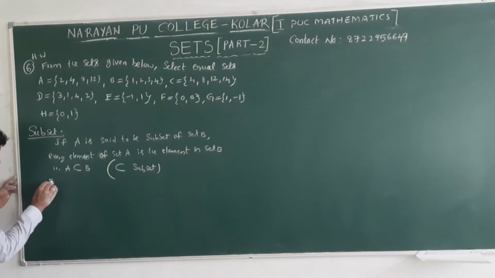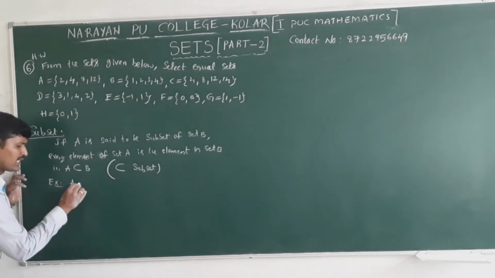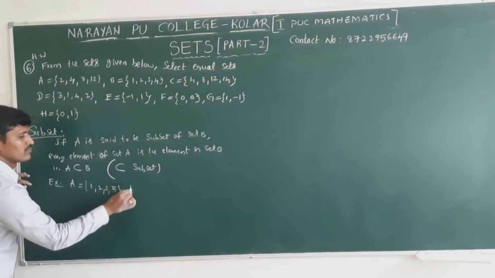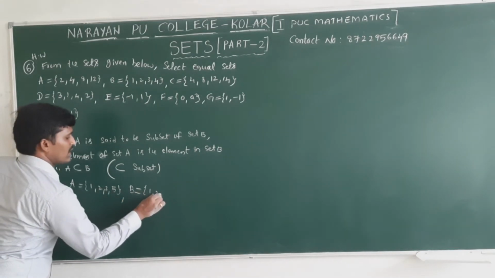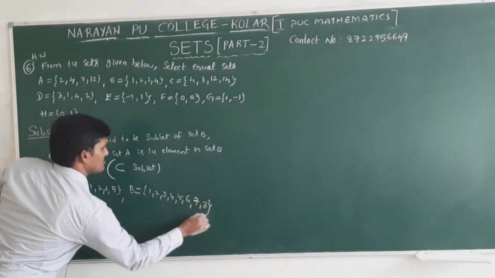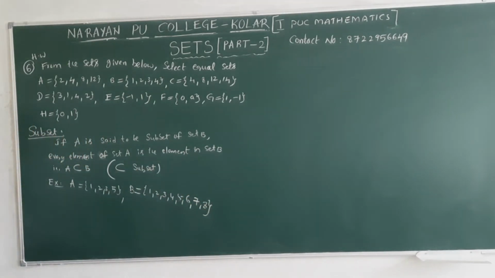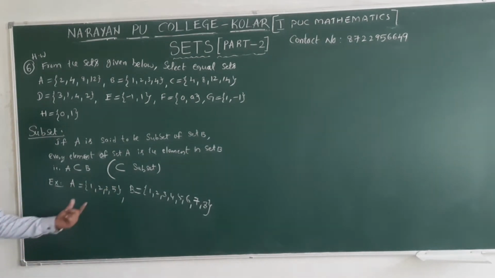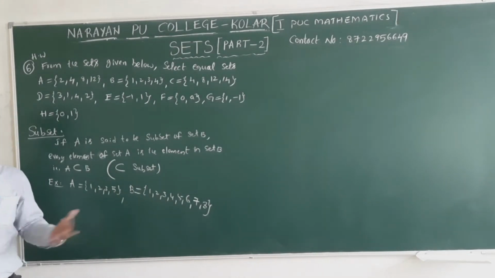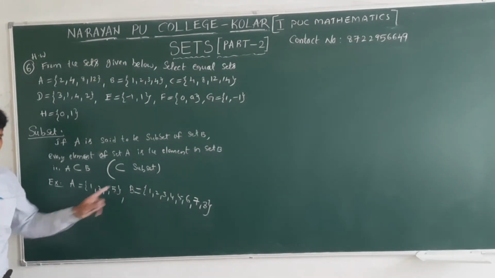For example, here I am taking A as 1, 2, 3, 5. B I am taking 1, 2, 3, 4, 5, 6, 7, 8. Anything. When A is said to be a subset of B, it means every element in A is in set B. But these two are not equal because all elements are not the same.